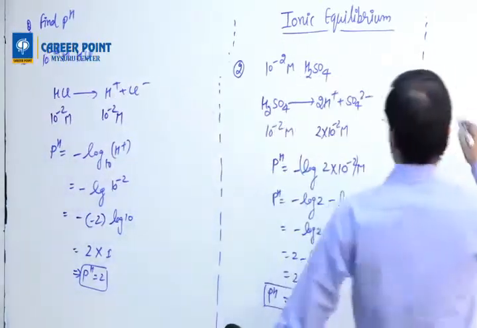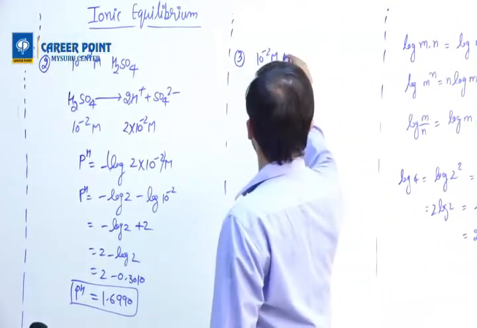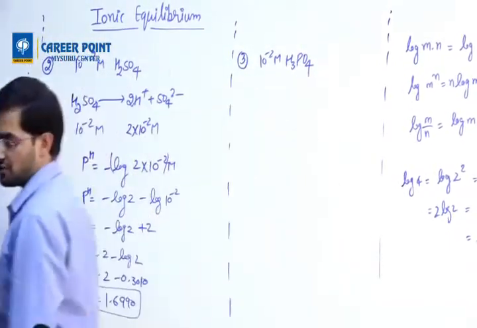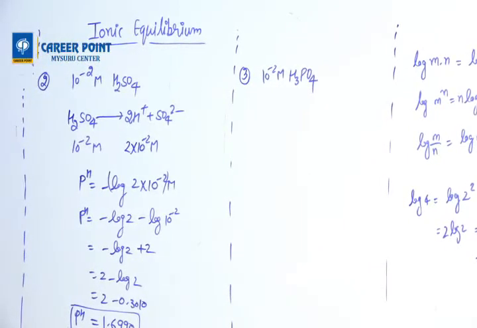Okay, so the next question we'll try. 10 power minus 2 molar H3PO4. Try this question and write the answer also. Solve that question fast.